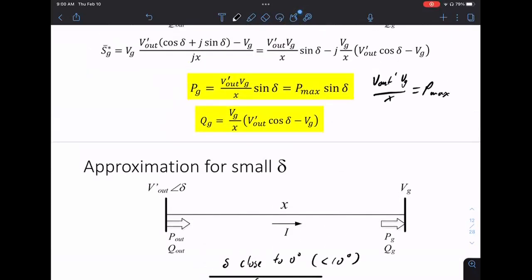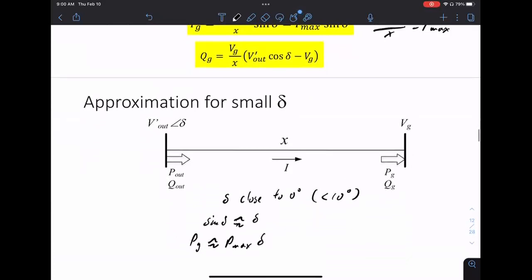So if you look at this term, it's P max times sine delta. If angles are small, then just P max times delta. And now this is a linear equation. If you have a linear system of equations, your life is infinitely simpler. This is a linear system.